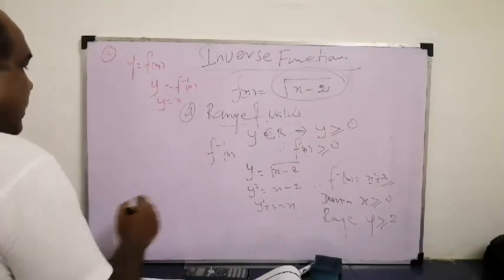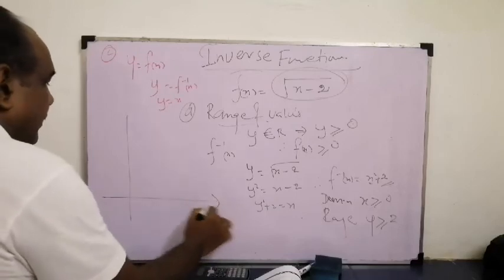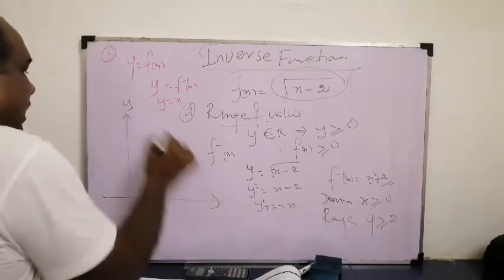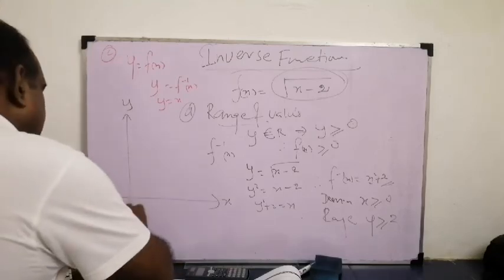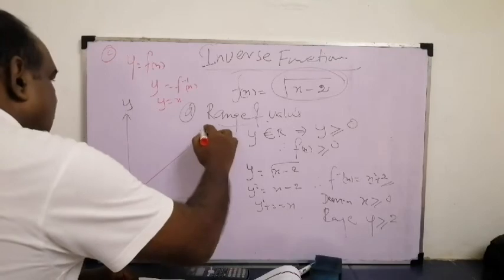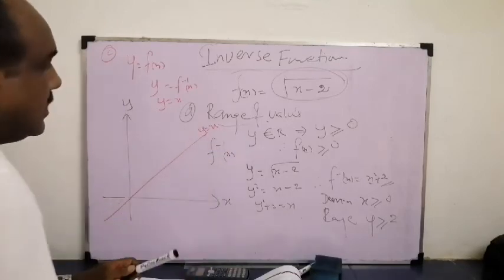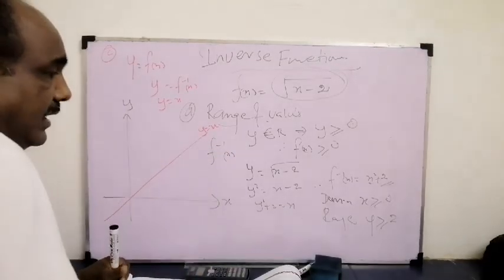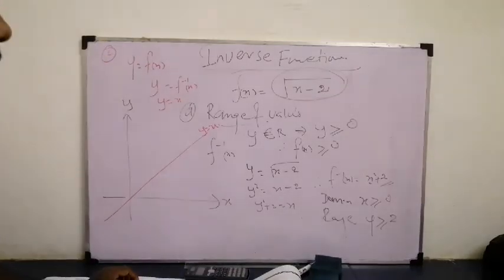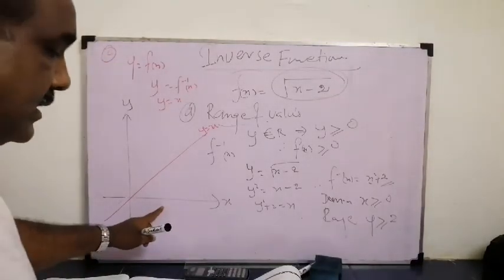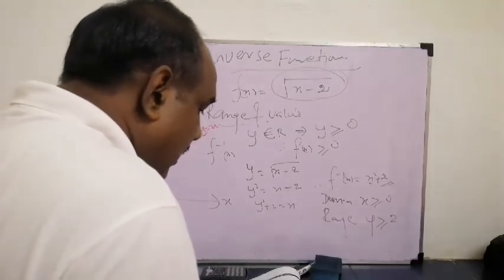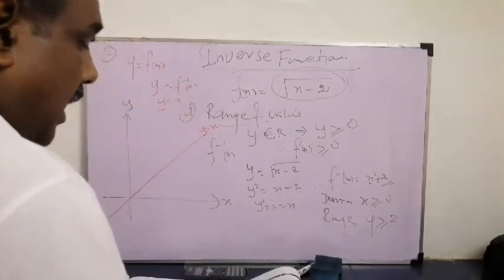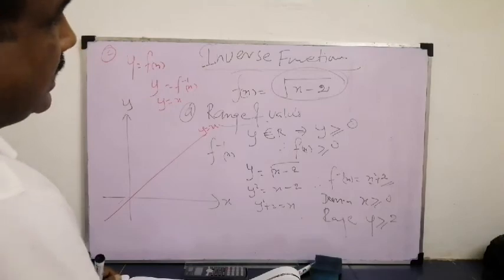So this is the graph with axes y and x, and this is the line y equals x. For f of x, the values of y are greater than or equal to 0.